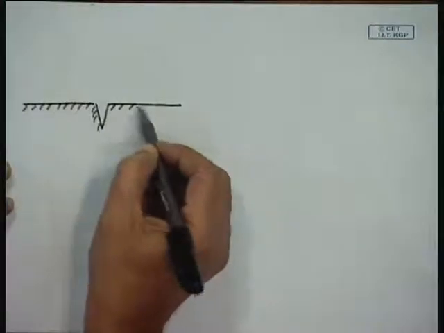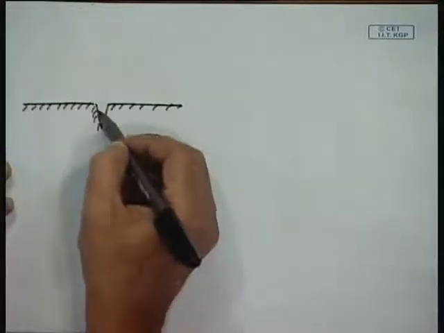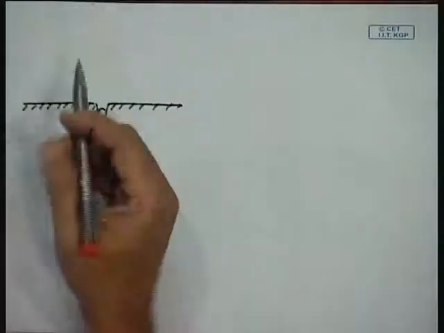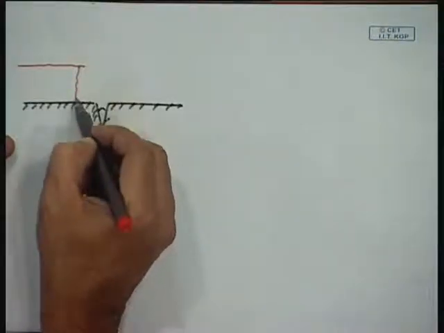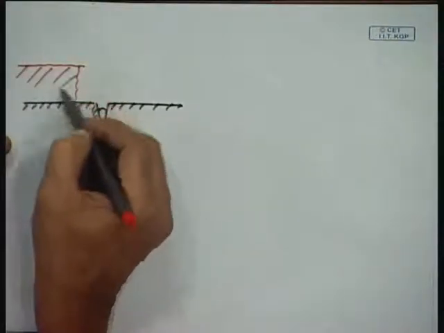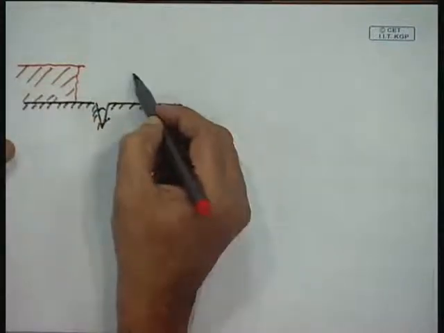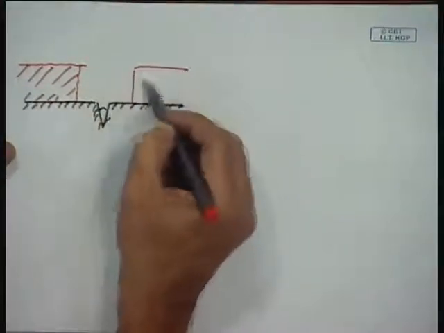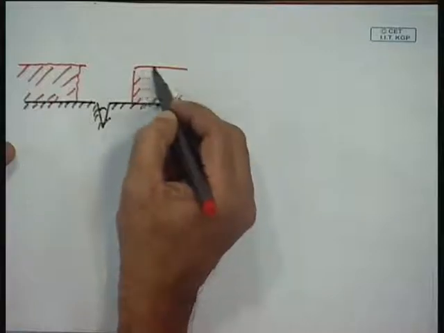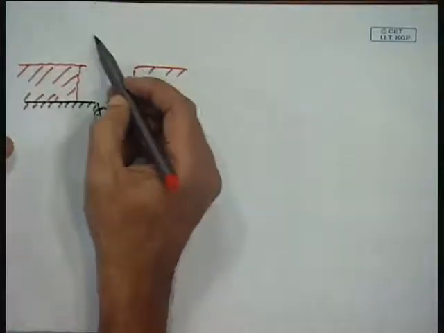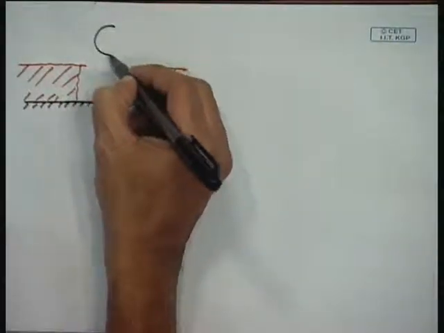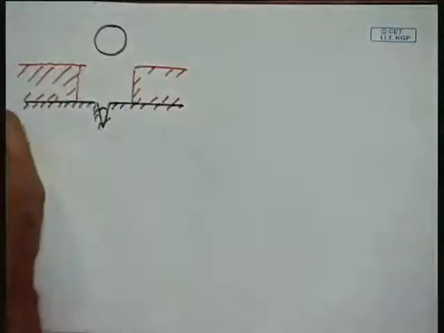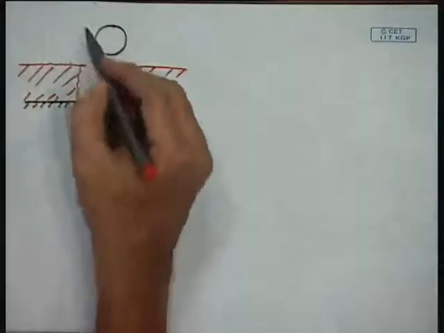This is a solid surface, and we have got, as I have told, the thermal boundary layer. So, this is the heated liquid, and what happened, already a bubble has departed this surface.